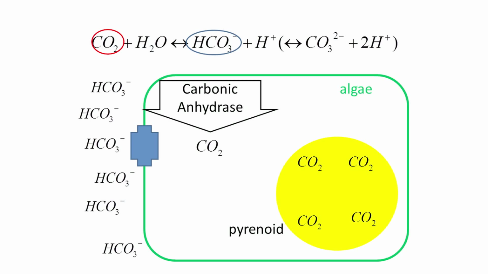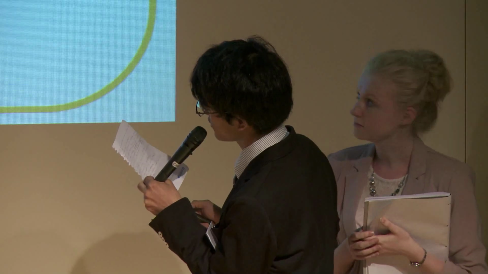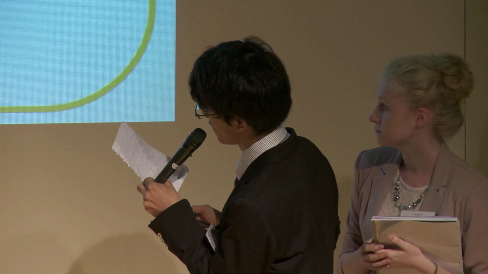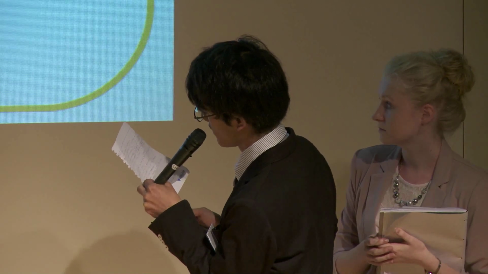Every plant, such as algae, consumes CO2 for photosynthesis. But in the water, CO2 reacts with H2O, like this, and most of it exists as HCO3-. Algae can't use HCO3- for photosynthesis.